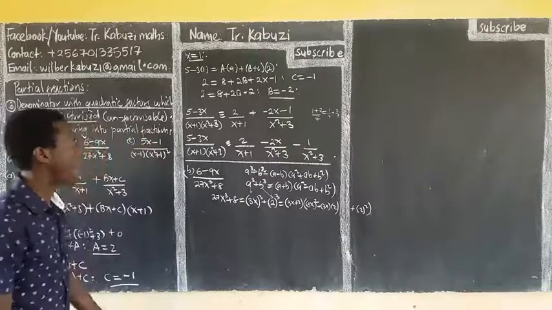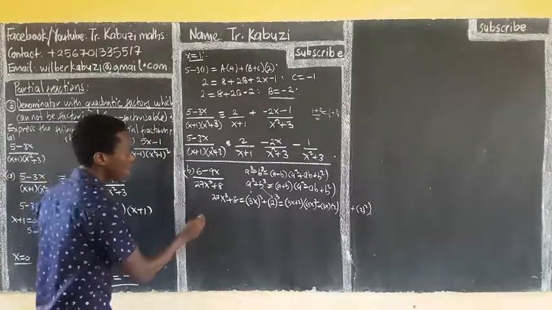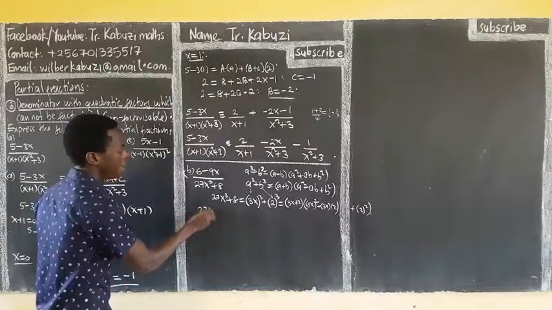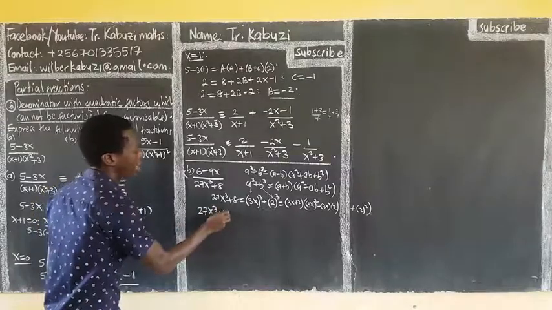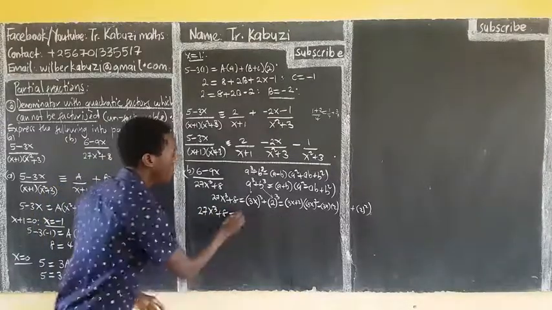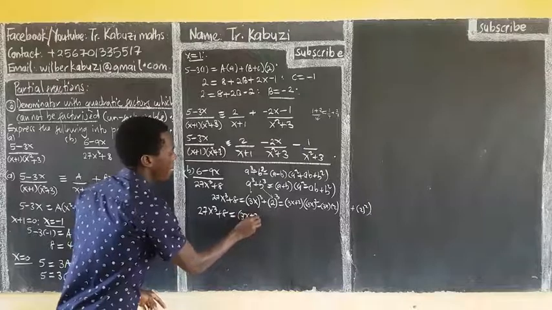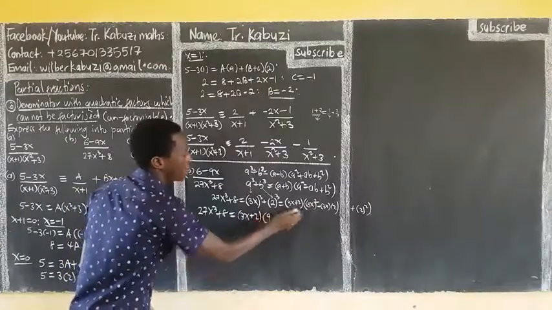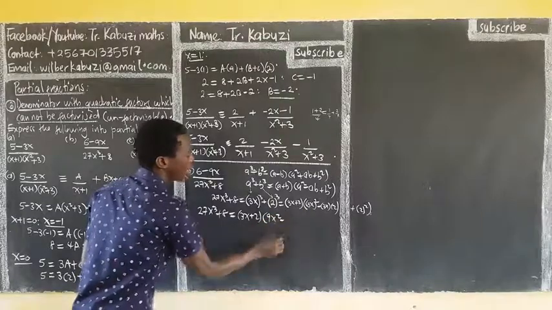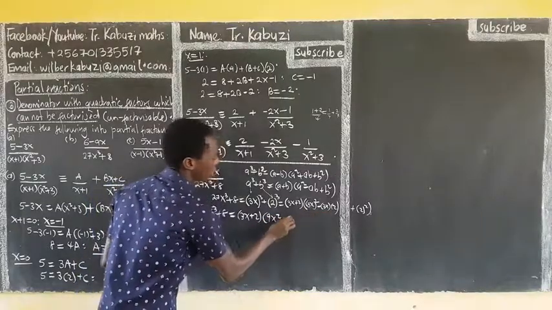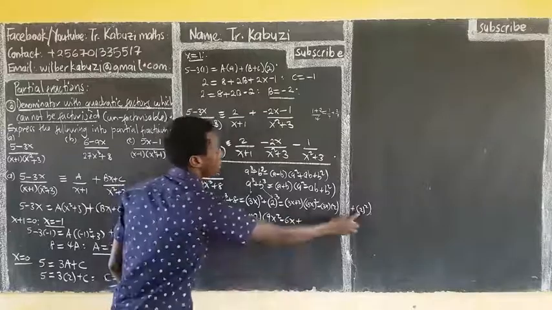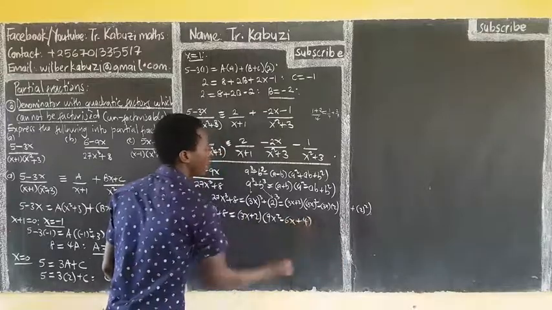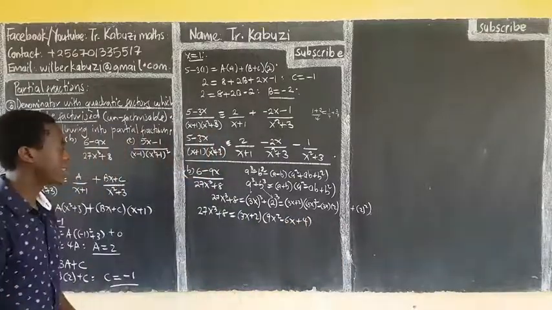As simple as that. Let's start now. My 27x cubed plus 8 is going to be 3x plus 2. When you square 3, you get 9. When you square x, you get x squared. This time this will get 6x. Then plus, when you square 2, you get 4. And so we have factorized that.